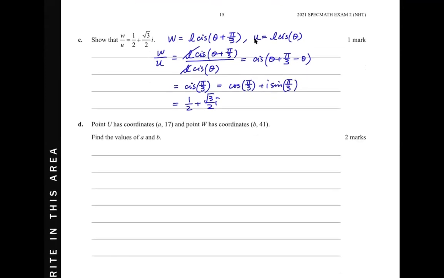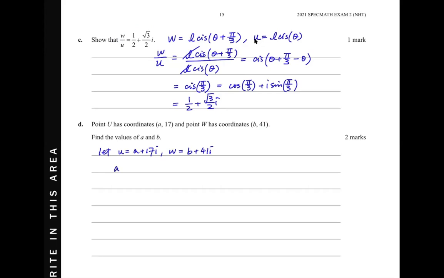Point u has coordinate (a, 17), and the point w has coordinate (b, 41). Find the values of a and b. Okay, so w over u is this guy here, it's always true. So let u be a plus 17i, w be b plus 41i, using the Cartesian form of that point.